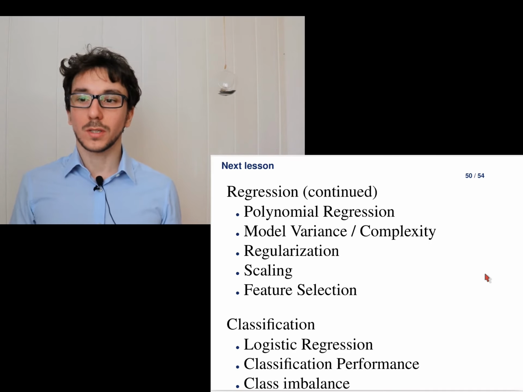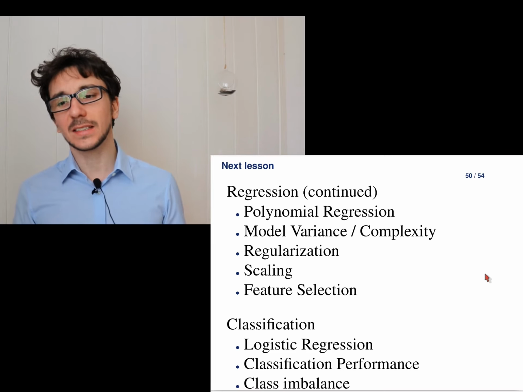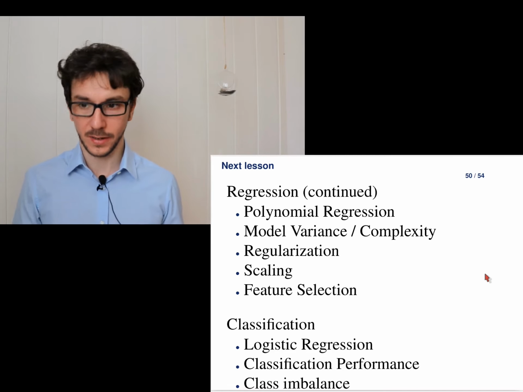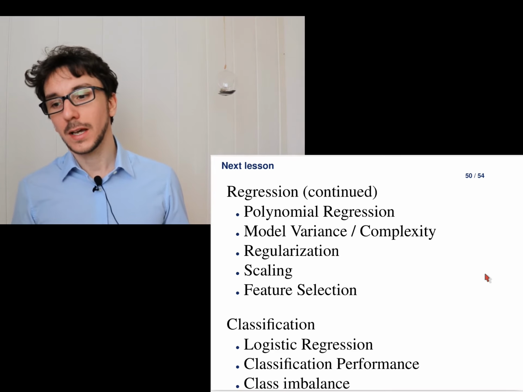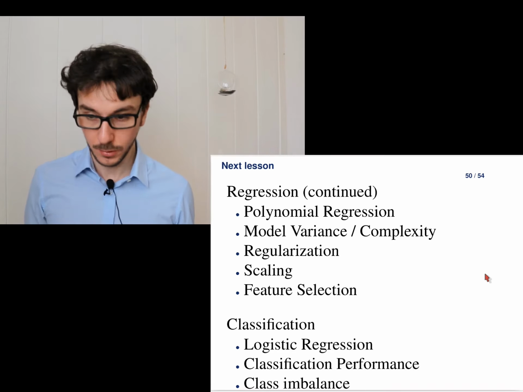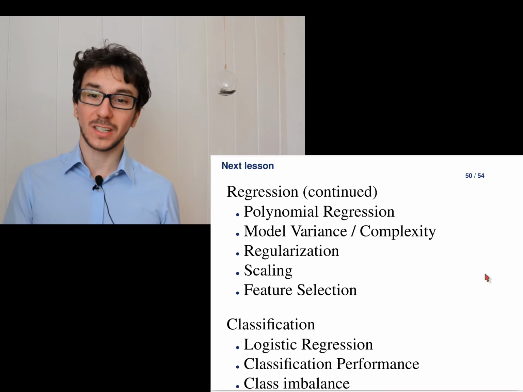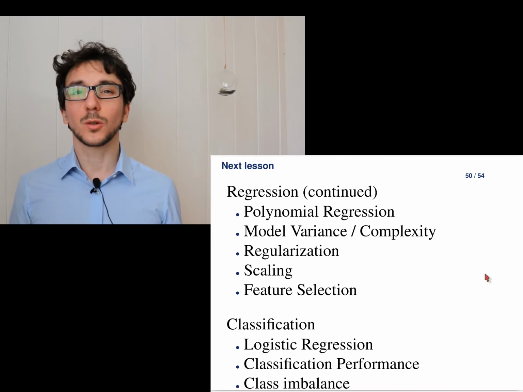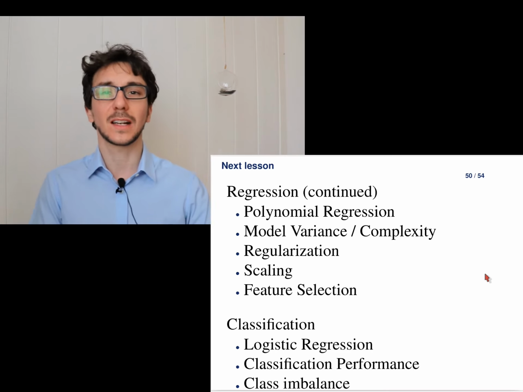We will also see why scaling is important and other feature selection techniques. Then we will start with classification, and we will start with the simplest method in classification, that is logistic regression. We will see what are the metrics to judge classification and how to deal with the problem that is very frequent when you do classification, that is class imbalance.